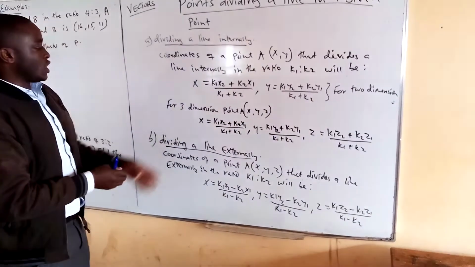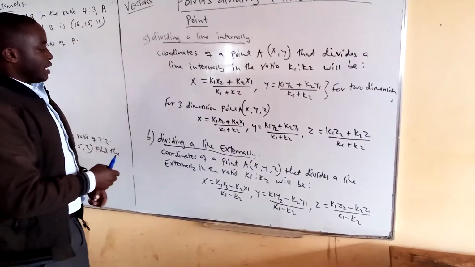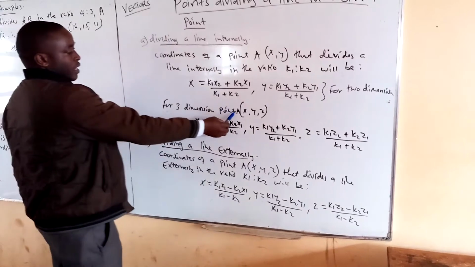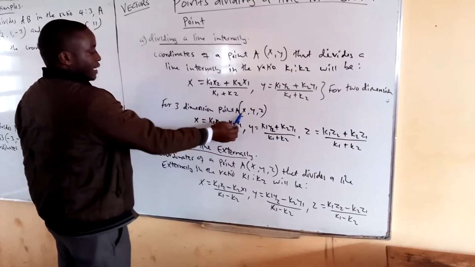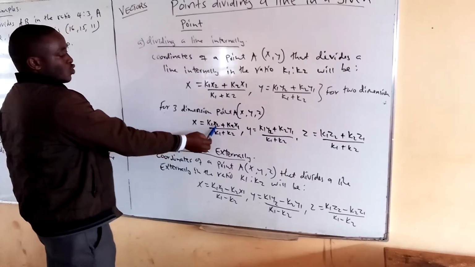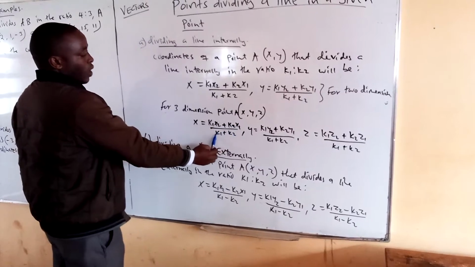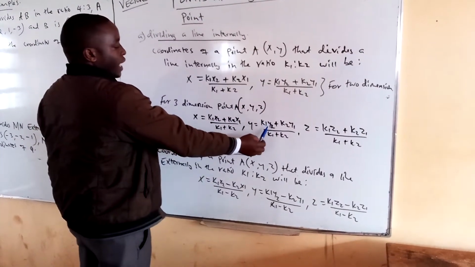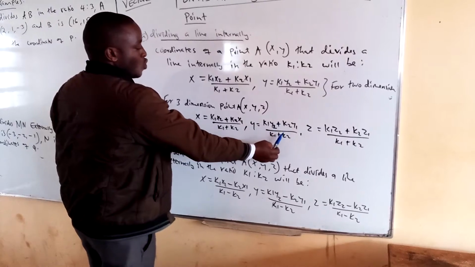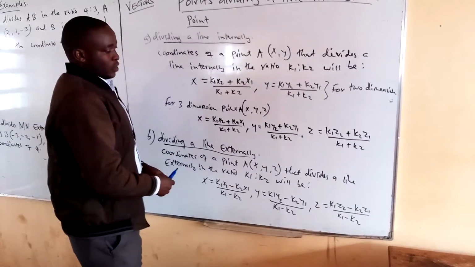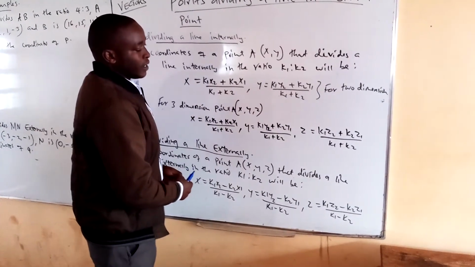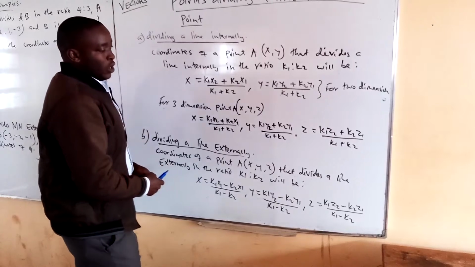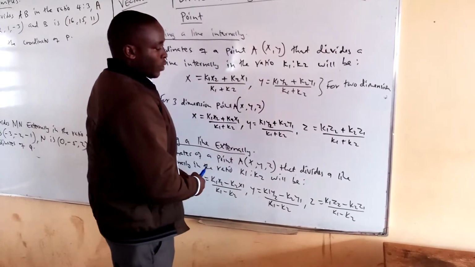When it is three-dimensional, that is (x, y, z), then x is (k1 x2 + k2 x1) / (k1 + k2), and y is (k1 y2 + k2 y1) / (k1 + k2), and then z = (k1 z2 + k2 z1) / (k1 + k2).